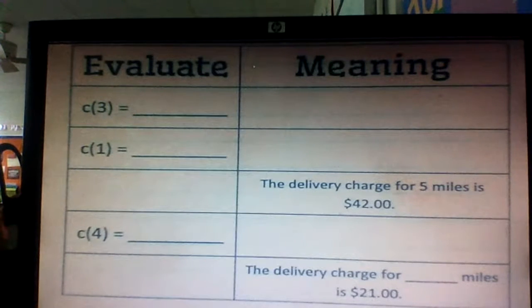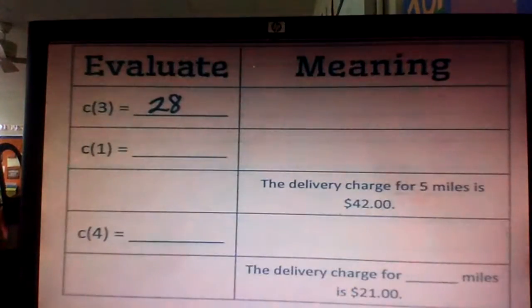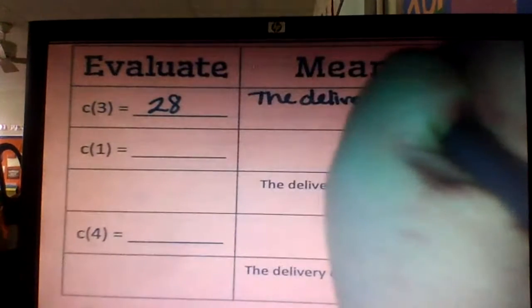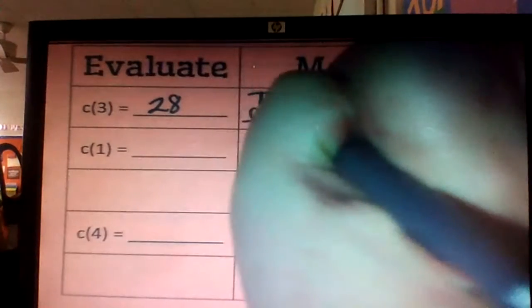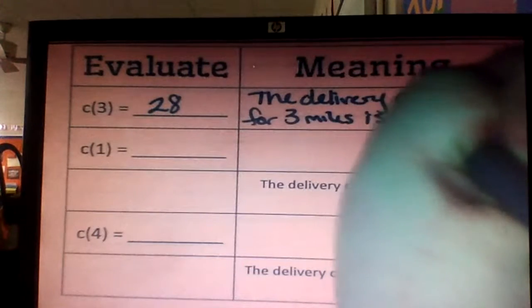C of 3. Your answer should have been 28. The delivery charge for 3 miles is $28.